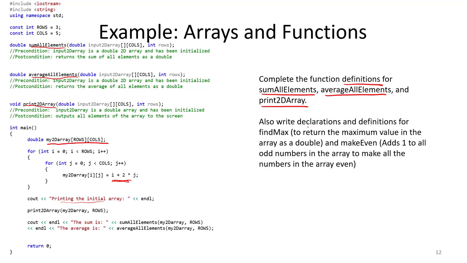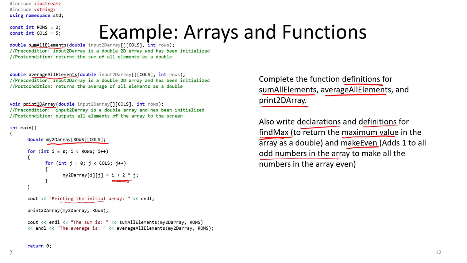We also want to write declarations and definitions for findMax, which returns the maximum value, and makeEven, which adds 1 to any odd numbers in order to make every number in that array even.